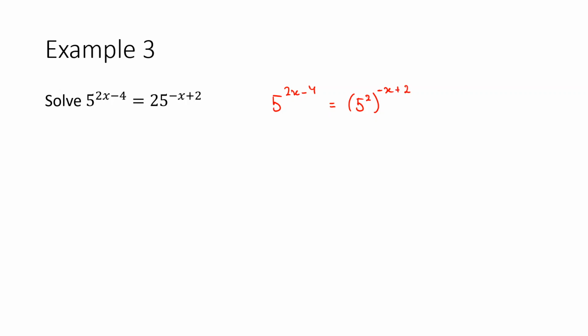Using an index law, I can expand the right-hand side and turn that into 5 to the power of negative 2x plus 4. At this point we can equate exponents, and we get 2x minus 4 equals negative 2x plus 4, and when you solve it, you get 4x equals 8.